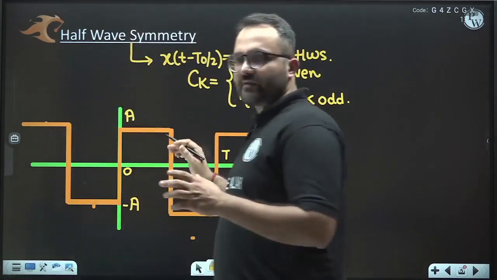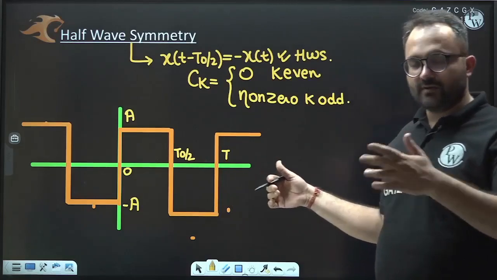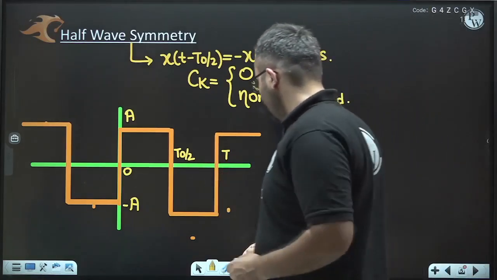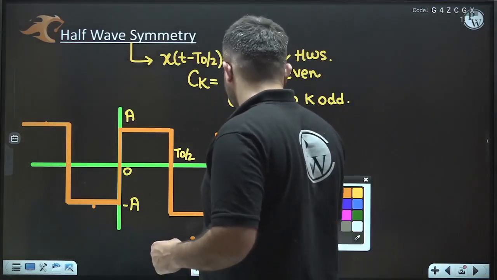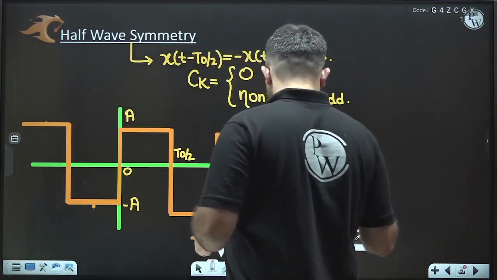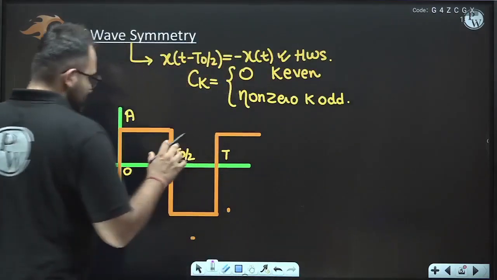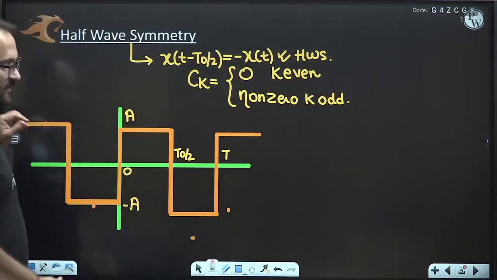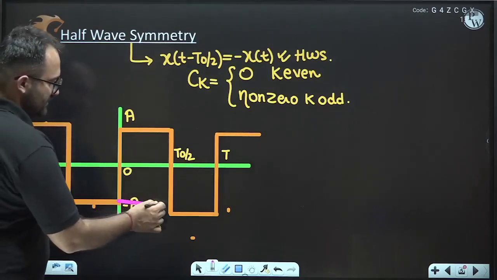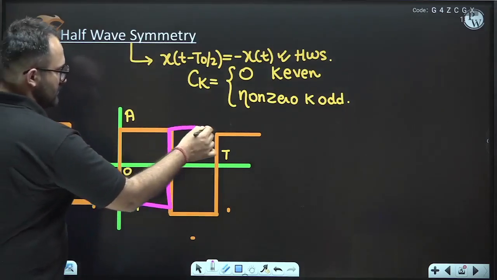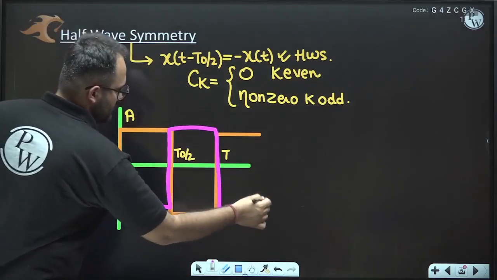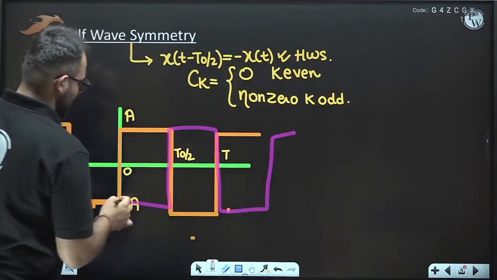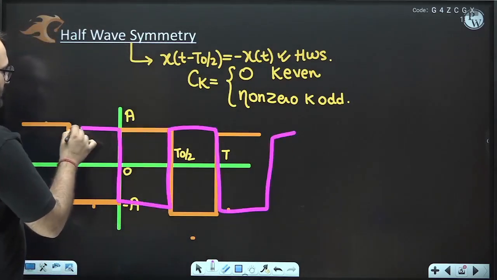If we shift this signal by half time period left, then we will get a signal like this. Okay, here it will be like this.